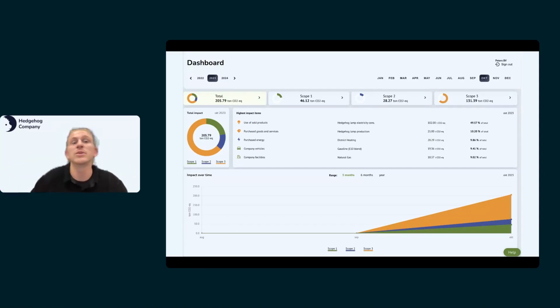And then you can determine together with your team to not do anything about the design of your lights, but to switch to the energy consumption or fuel consumption of your company's car park. With these insights, it's very easy to go step by step and to really think with your team, hey, these emission sources we have the power to reduce something on, and these emission sources we cannot do anything about, and we will just let them be for the time being.